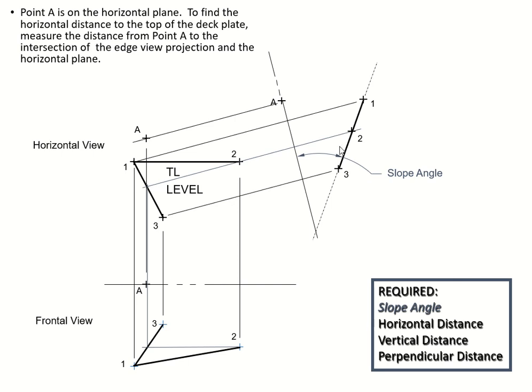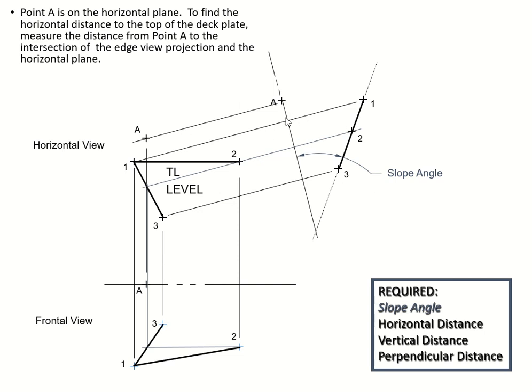So we got our first slope angle, then we have to get the horizontal distance. To find the horizontal distance, we have to measure the distance from the point A to the intersection of the edge view projection and the horizontal plane, okay? So what we're doing is this guy.